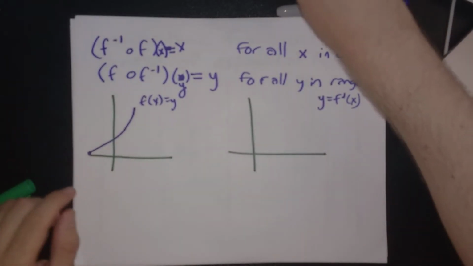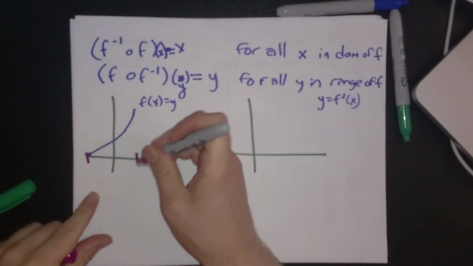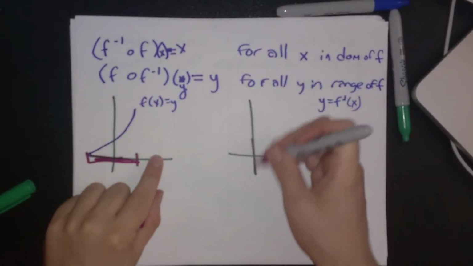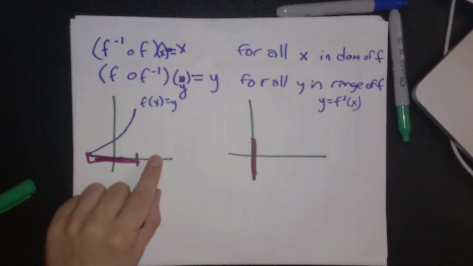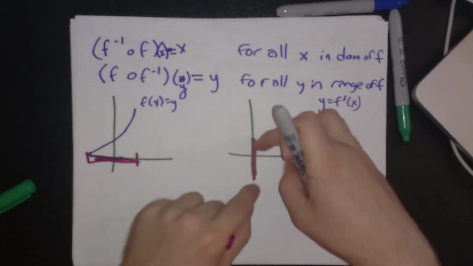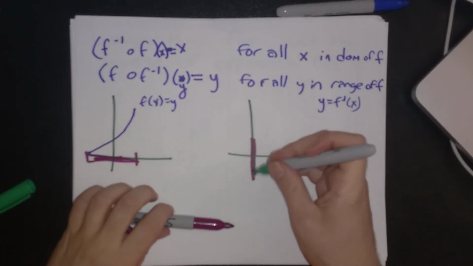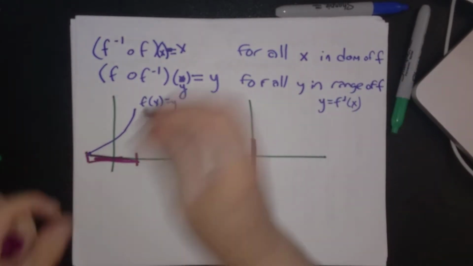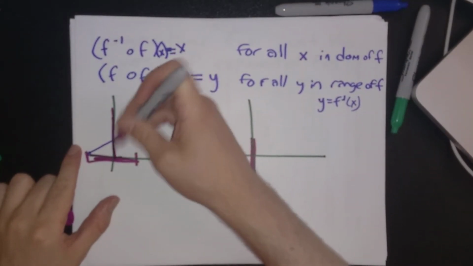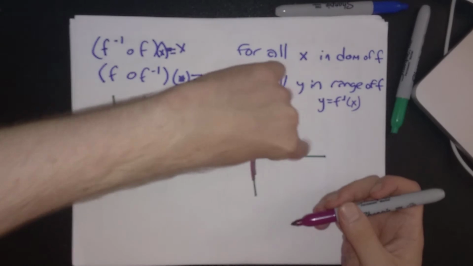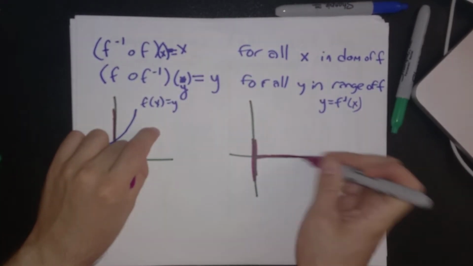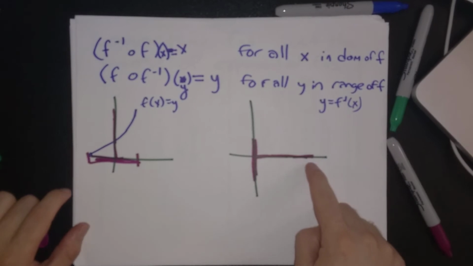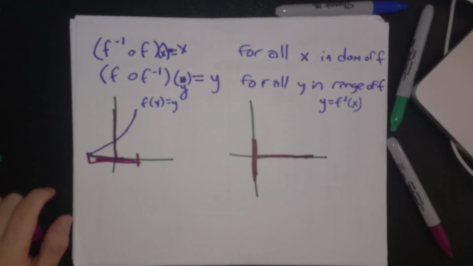So here is our domain, and so that should mean the range is roughly from here to here on this new set of axes. And what is the range? This is the range, so the domain of the inverse function should be over here.